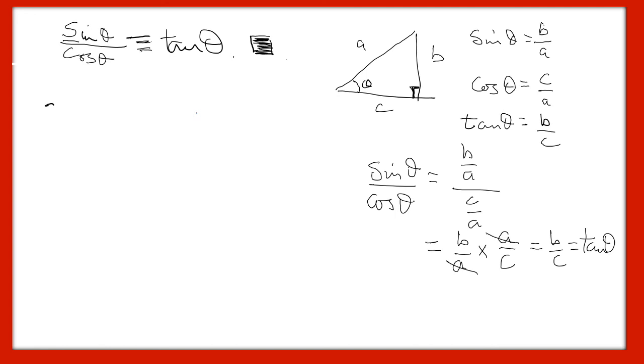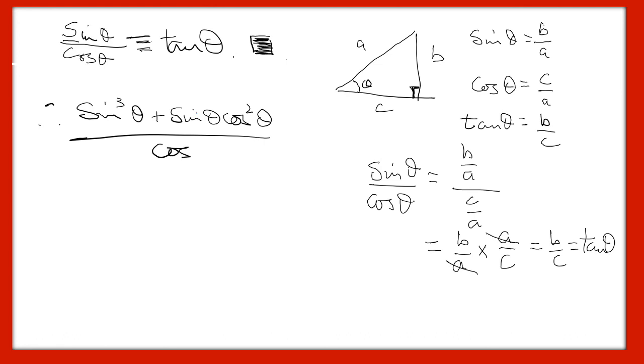So I can now claim that my original function, which was sine cubed theta plus sine theta cos squared theta, all divided by cos theta, is congruent to tan theta. Aren't I clever?